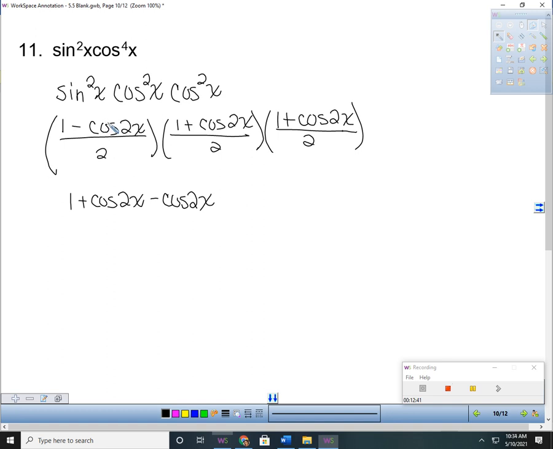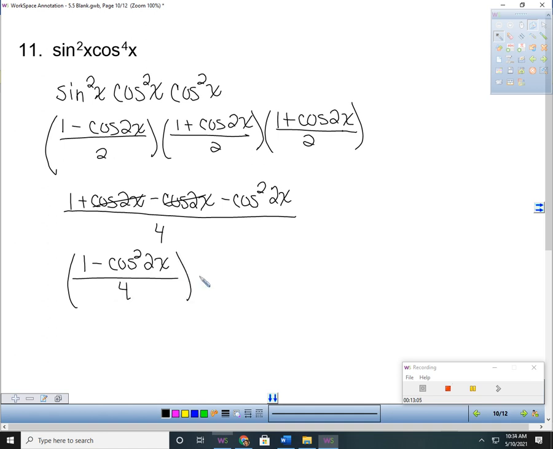And negative cosine 2x times a positive cosine 2x is negative cosine squared 2x. All over 2 times 2 is 4. So my middle terms are opposites, so they will cancel. And now I have 1 minus cosine squared 2x over 4. And I will take that times the third one.